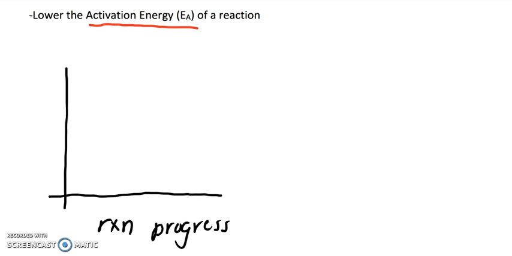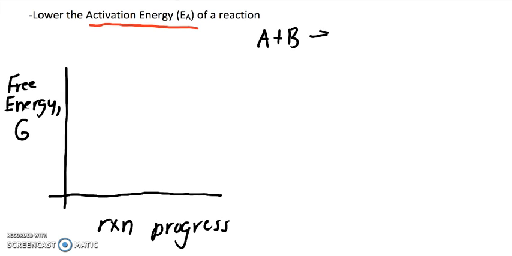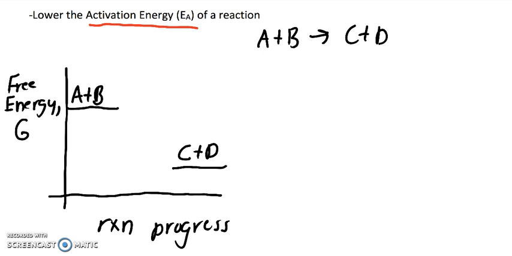And on the y-axis, we will say free energy, and we use the symbol G for that. And again, let's go back to our friendly generic equation. So let's say in this case, the free energy level of our starting material is up here, and our products are going to have energy level down here.